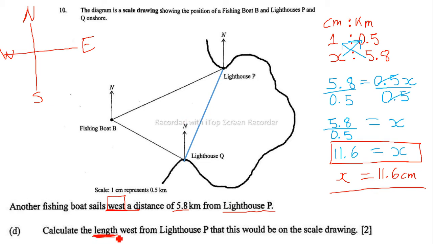So all they're saying is that using this scale, knowing that 1 centimeter equals 0.5 kilometers, figure out the length west from Lighthouse Peak if we know that the distance is 5.8 kilometers. They're just saying that if you know how many kilometers it is, tell us how many centimeters it will be.